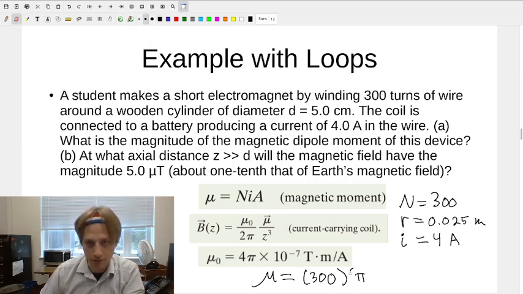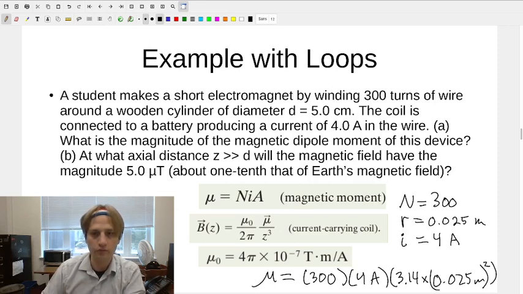Let me put it in terms of the equation: 300 is N, I would be 4 amps, and then your pi r squared would be 3.14159 times 0.025 meters, squared.